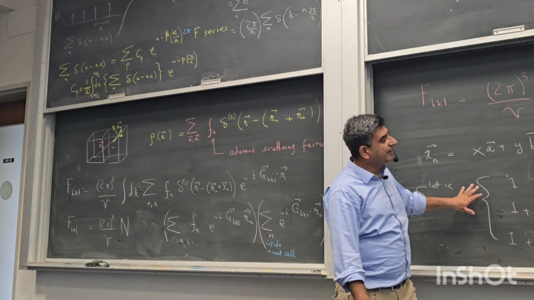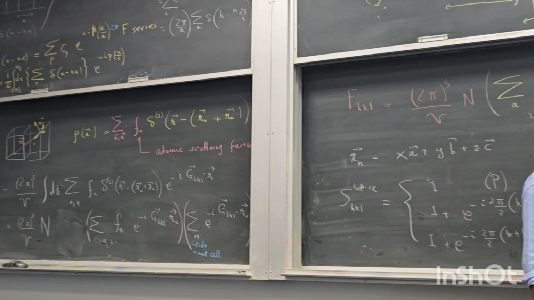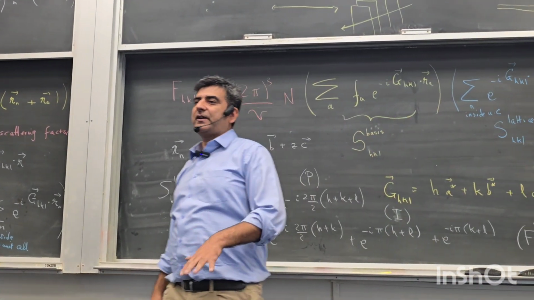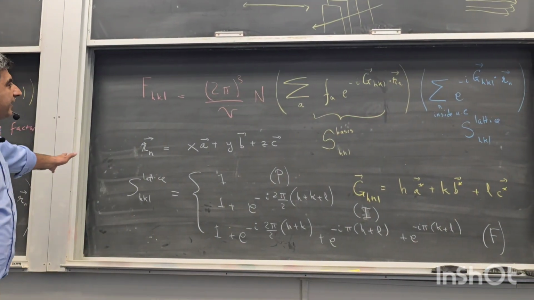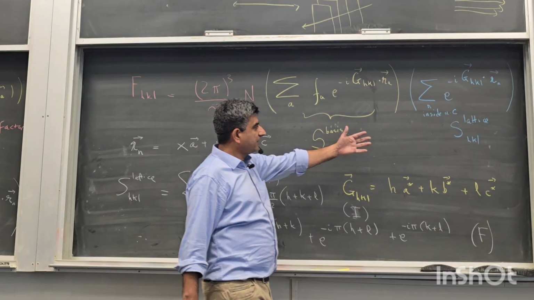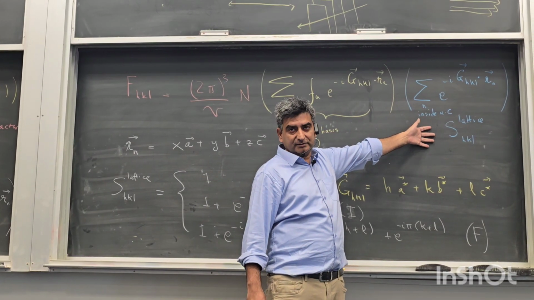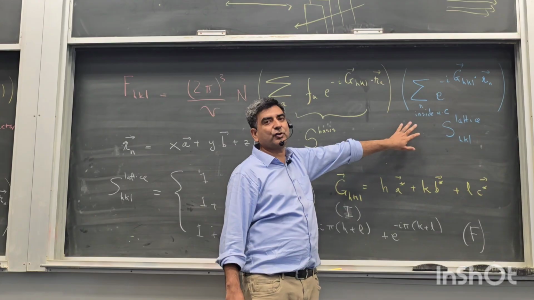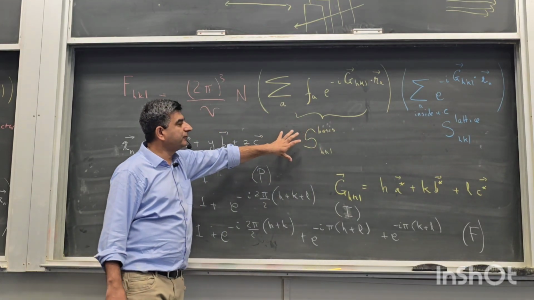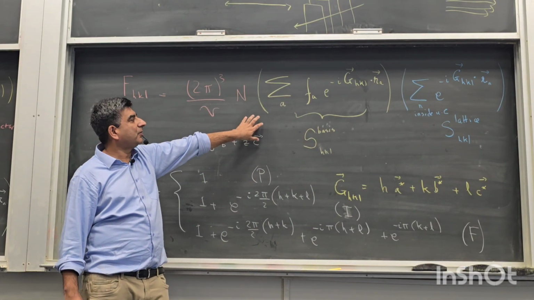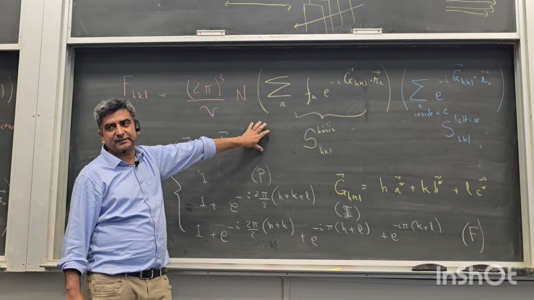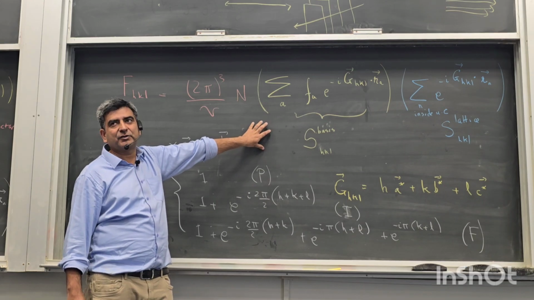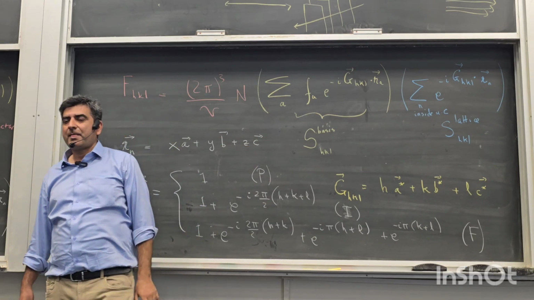Okay, so this helps us determine the structure factor for the entire crystal, which is partly coming out from the lattice. And then if this is non-zero, then one has to move to calculating the structure factor for the basis. Probably we're going to spend one more class on this because we have short time.